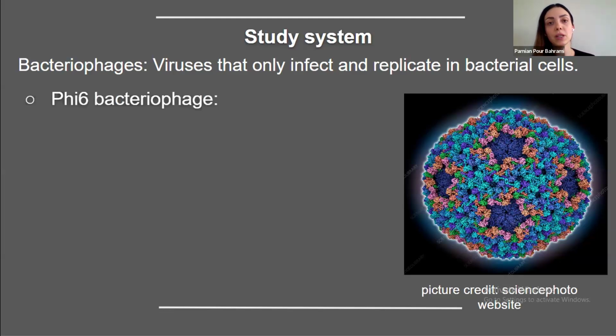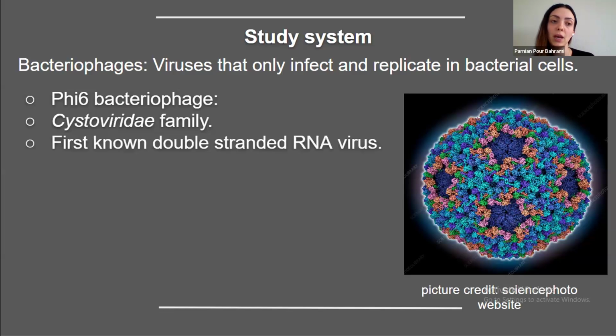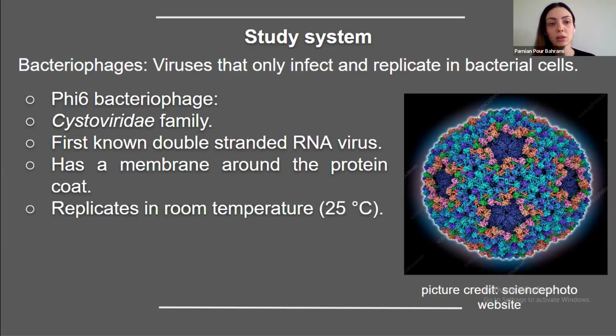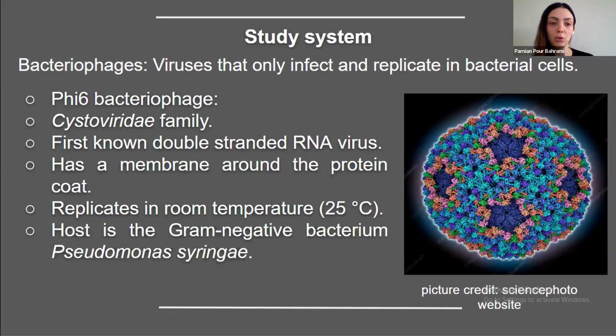Our specific study system is the 5-6 bacteriophage, from the Cystoviridae family. It is the first known double-stranded RNA virus, and it has a membrane around the protein coat, which originates from the host that the virus infects. This virus replicates at room temperature, which is 25 degrees Celsius, and its host is the gram-negative bacterium Pseudomonas syringae.